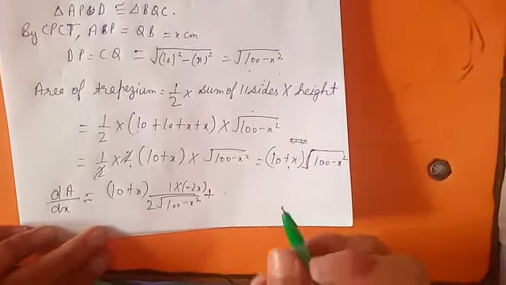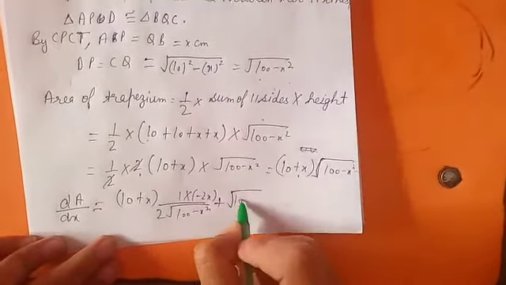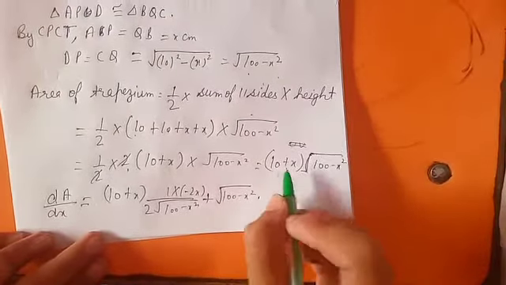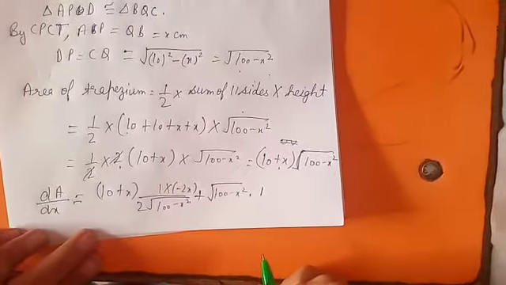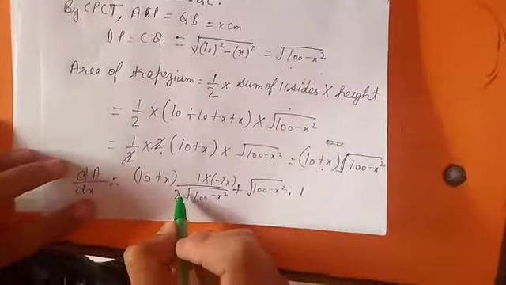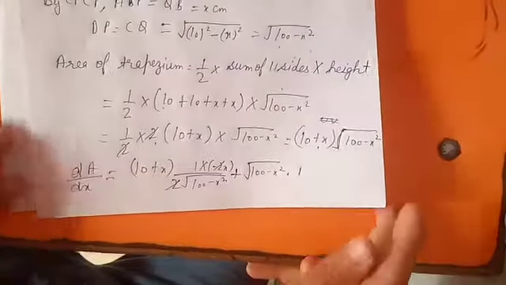Now after plus, second term as it is, second term is under the root 100 minus x square into differentiation of first, which will be 1. Okay. Now in the next step, first this cancels this and we can take LCM here.